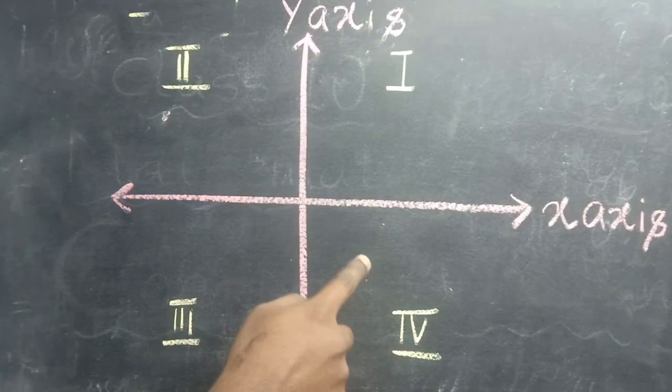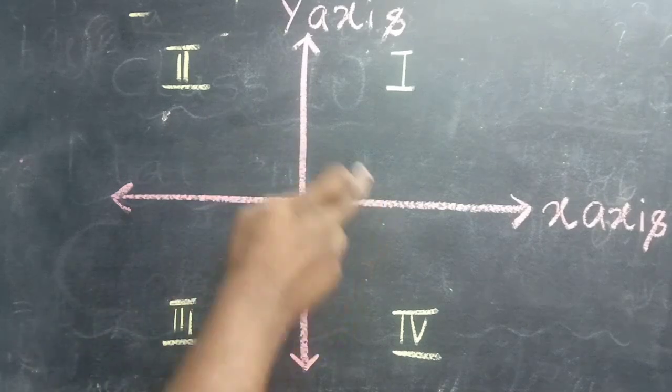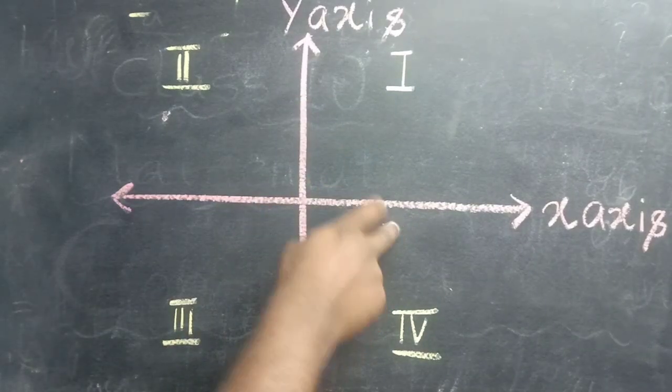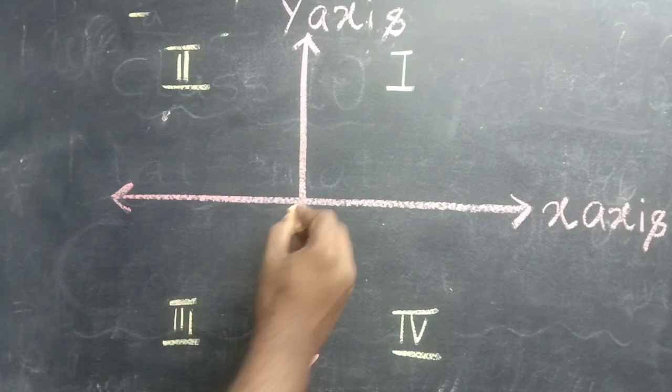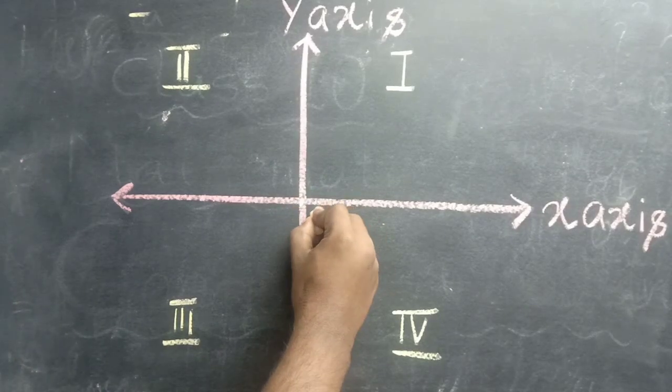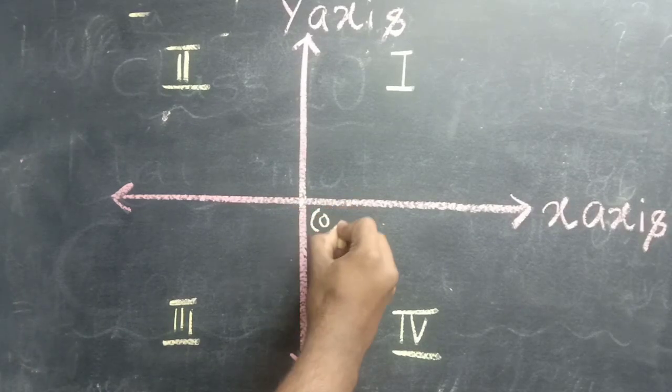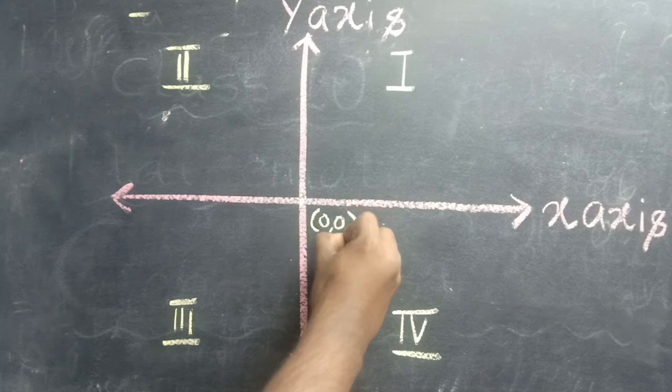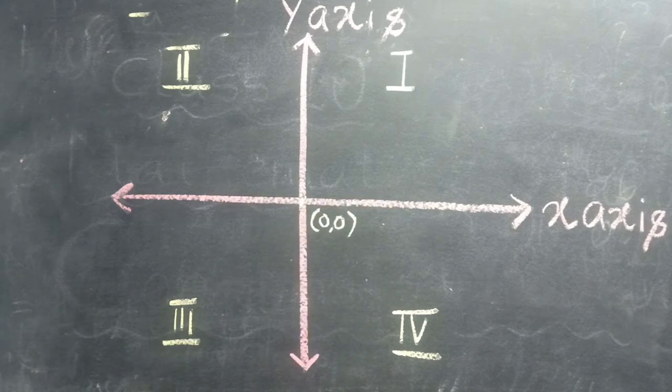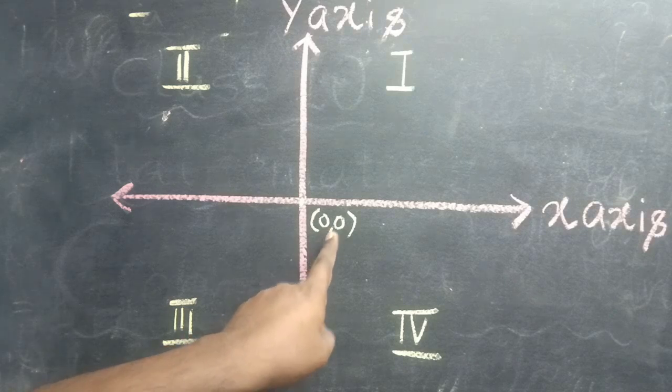The intersection of the x-axis and the y-axis is called the origin, that is 0, 0.